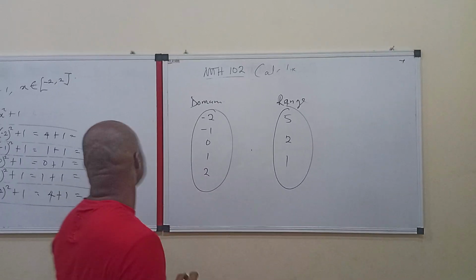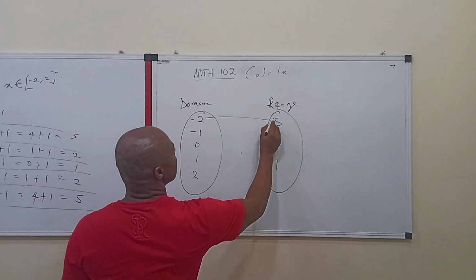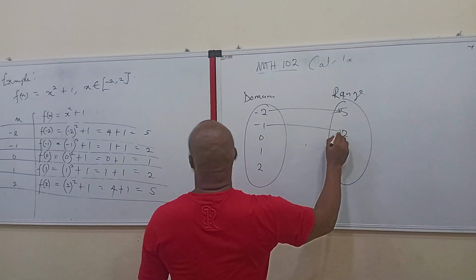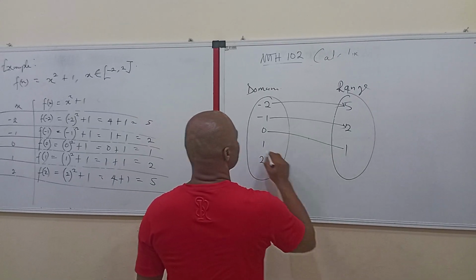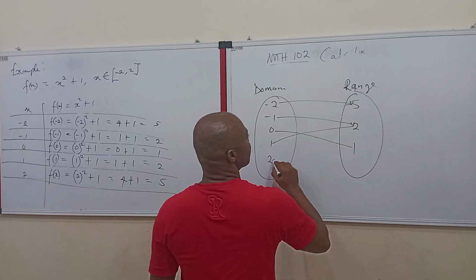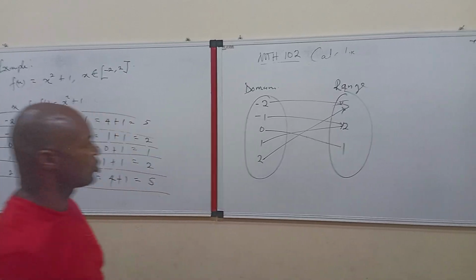The range values. So you see that minus 2 is mapped to 5, minus 1 is mapped to 2, then 0 is mapped to 1, 1 is mapped to 2, then 2 is also mapped to 5. So this is what we have.